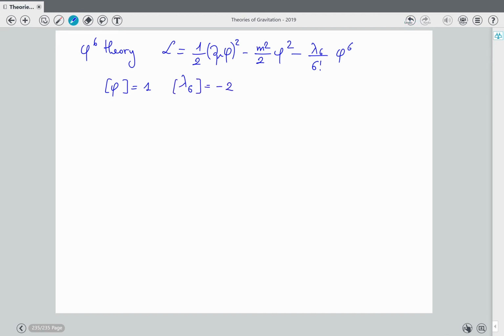And when you have something of dimension -2, you can build phi to the 8, because this has dimension 4. And you can build phi to the 10, because this has dimension 4. And you can build phi to the 8 box, phi to the 8, with the sufficient number of lambda 6 in front.